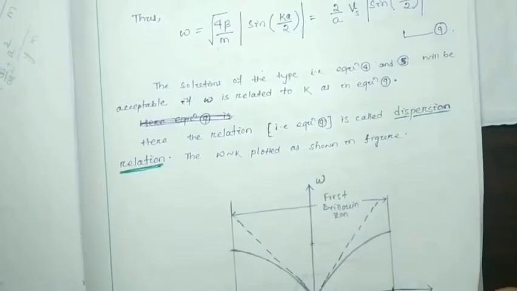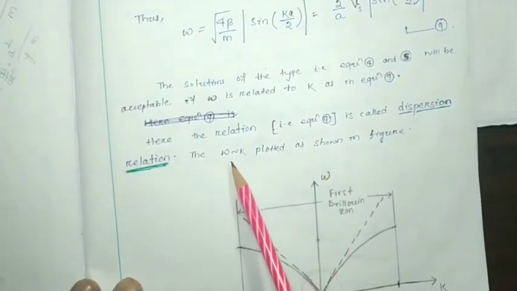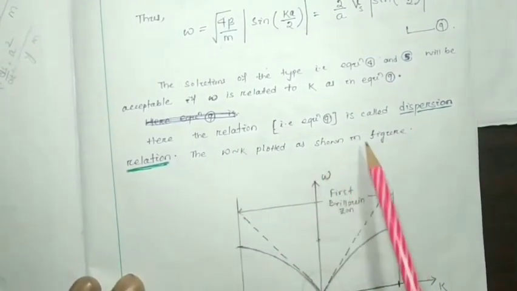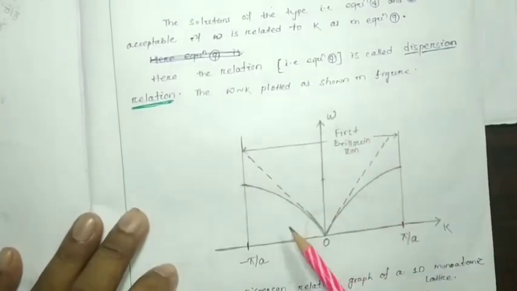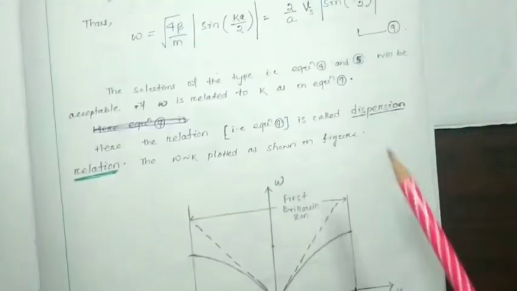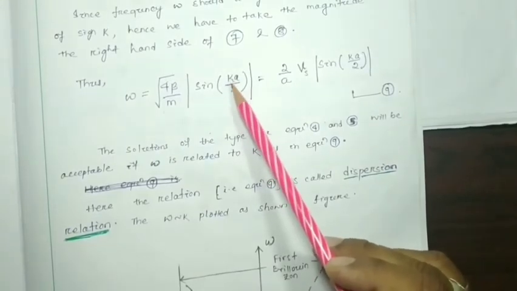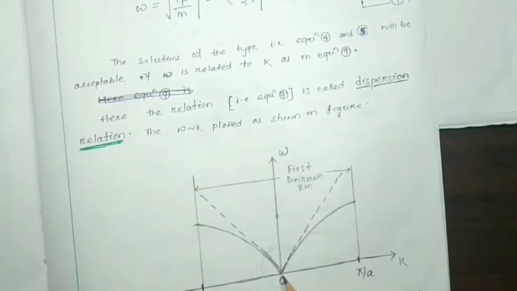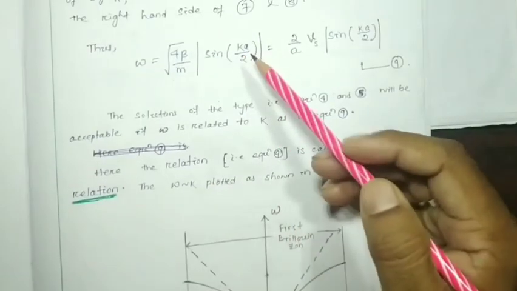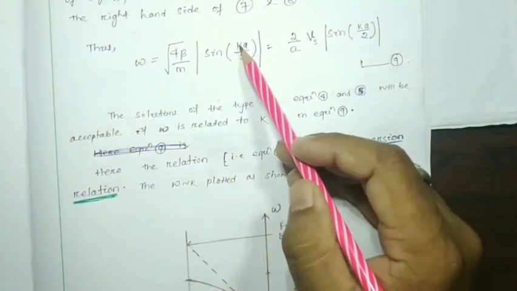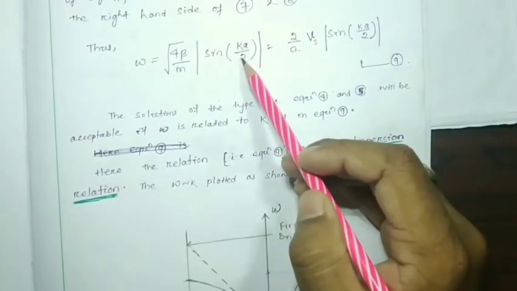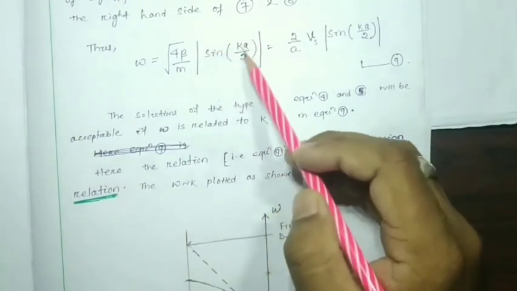Now the omega versus k plot is shown in the figure. You can see that the minimum value of sine will be 0 at k equal to 0. At k equal to pi by a, if I put pi by a, the a gets cancelled, it will be pi by 2, then it will be maximum.